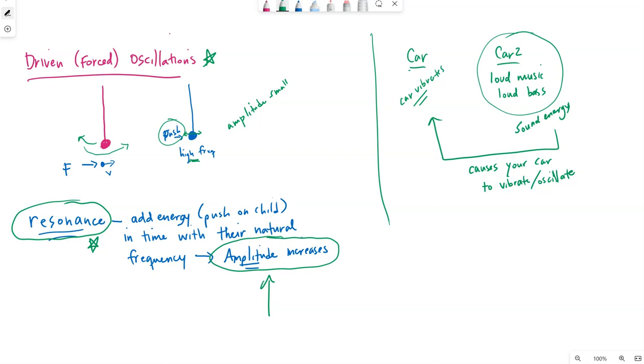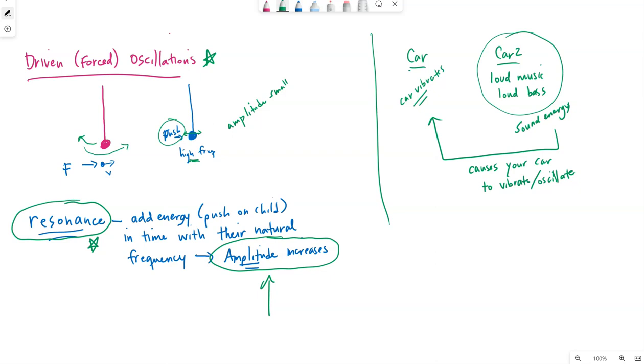So just conceptually, we can force systems to oscillate, put energy in somehow. If that energy is put in or the forces are applied at a rate that matches the natural frequency of the system, the motion will get large. The amplitude will get large.